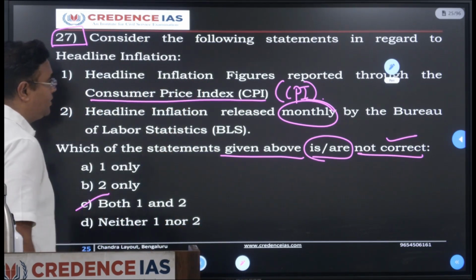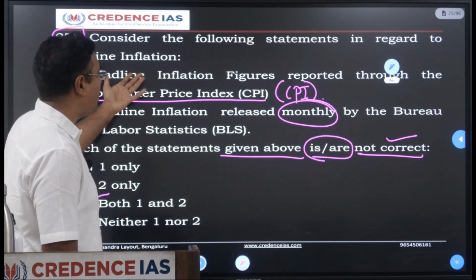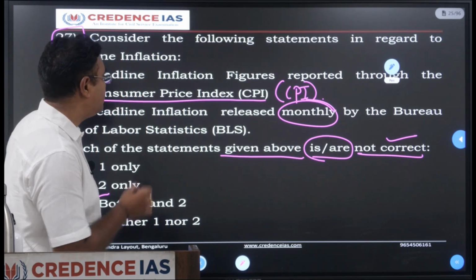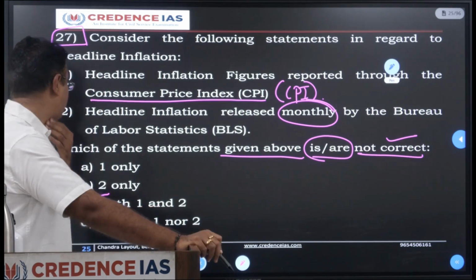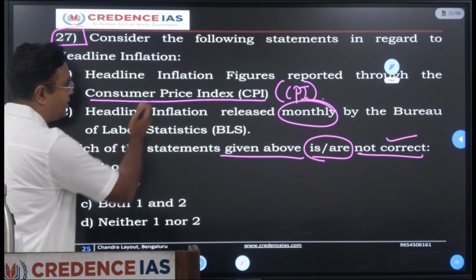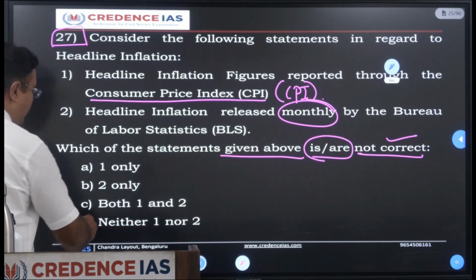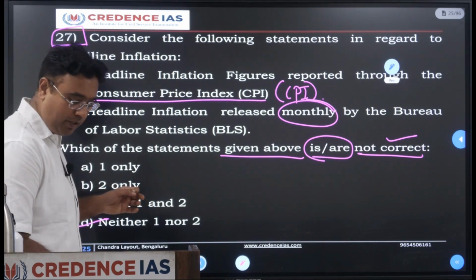Both 1 and 2 are correct. Since they ask which are not correct, the answer needs to be neither 1 nor 2, right? If they have asked which are not correct, neither 1 nor 2 is the answer to be given.